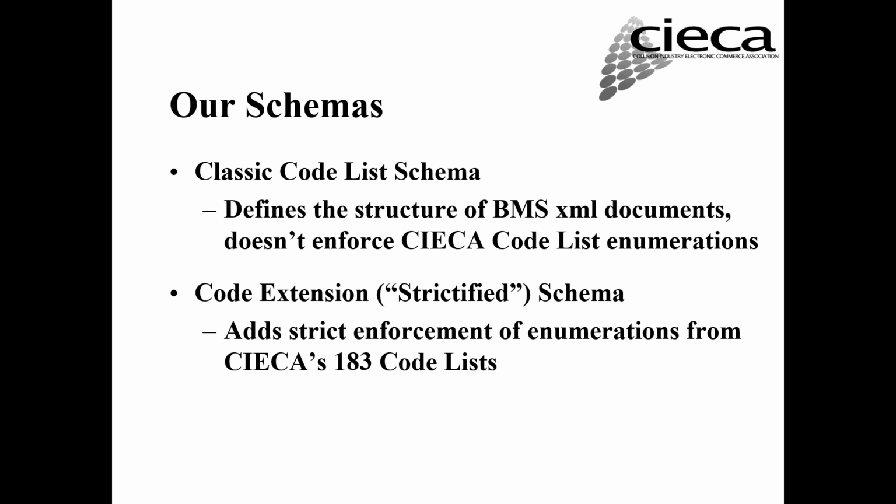The strictified version, or code extension one, actually makes each of the elements that refer to a CIECA code list an XML enumerated type, and there will be a validation error if the codes you use in your business document aren't among the codes listed on our 183 code list.